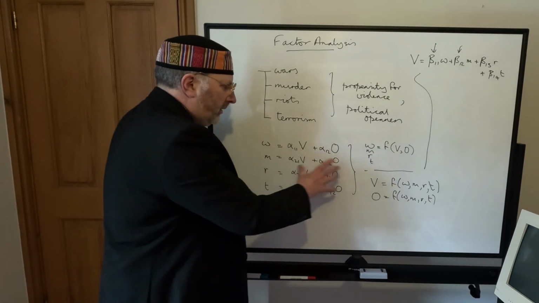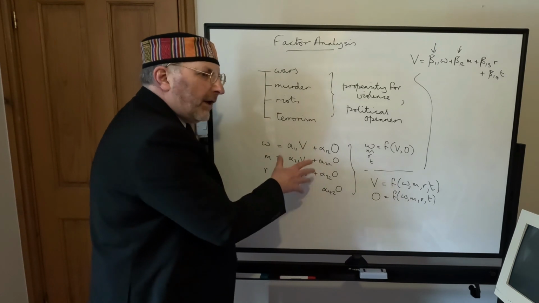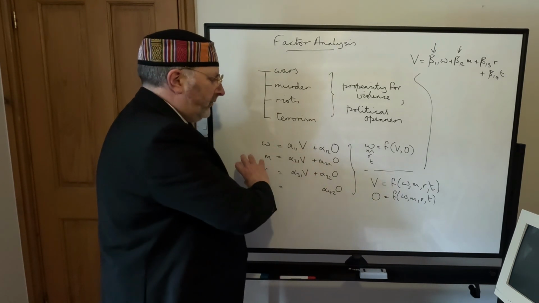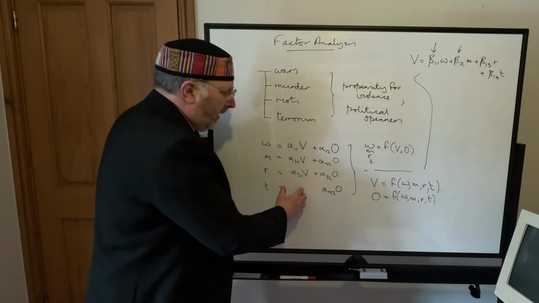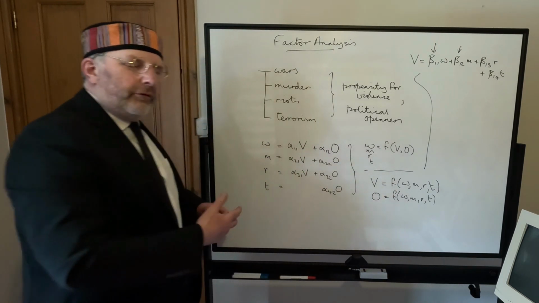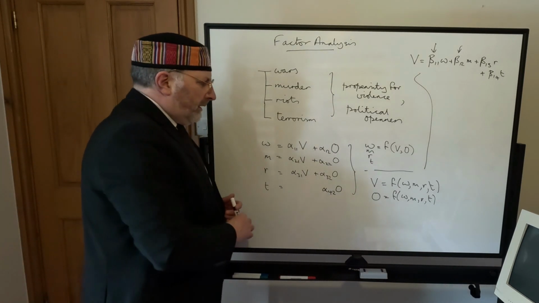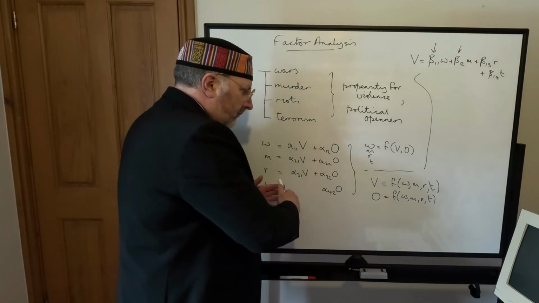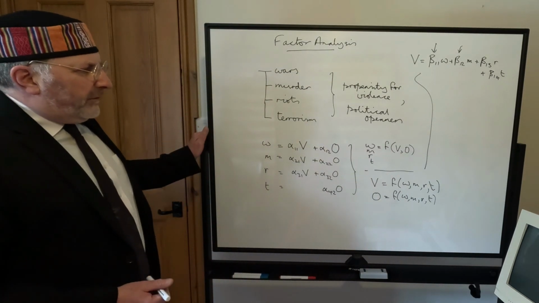So you can predetermine in your system of equations something about how you think these variables are related to your underlying factors, if you want, and sort of force the system to support your way of thinking about it. As I say, that's just an option if you want to do that in your approach to factor analysis.